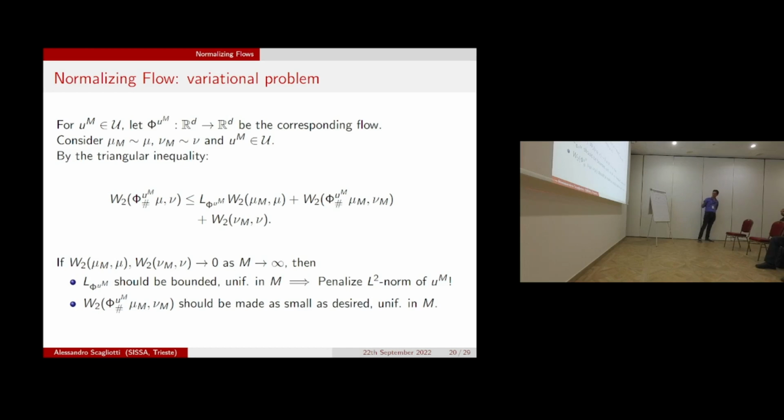Yeah, but what is actually done in the problem of normalizing flows is to take the reference measure and transform it through the flows, so through the ResNet. And then you perform a maximum likelihood estimation based on the observations.